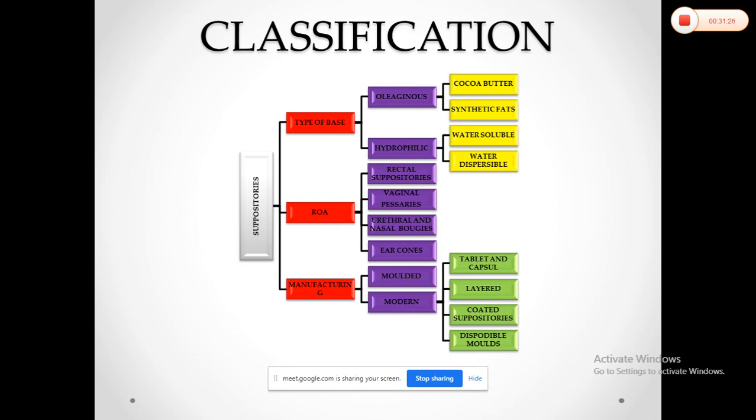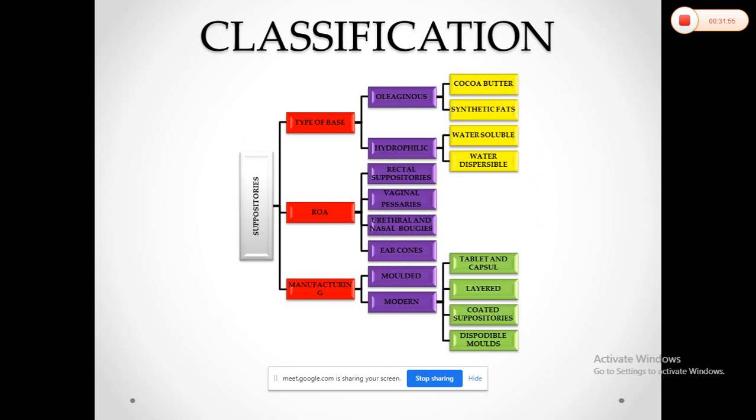You keep dipping the suppository until the desired thickness is achieved, then it is dried and packed. These coated suppositories provide lubricant properties and also provide protection during storage, and that's why the coat is provided with the help of specific coating materials.